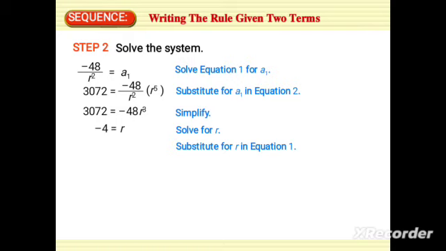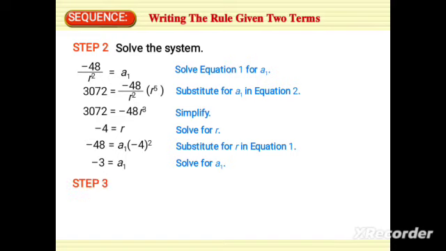So to get the value of a now that we have the value of r, we substitute in -48 over r squared is equal to a. So we will have -48 is equal to a times (-4) squared, and that will give us a to be -3.